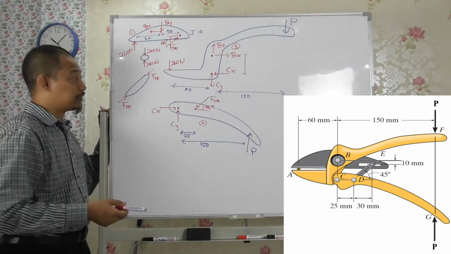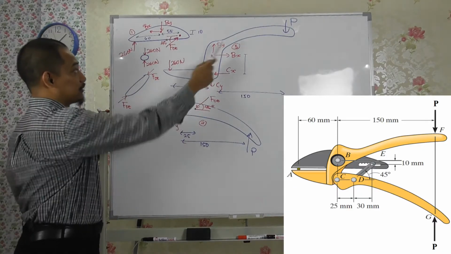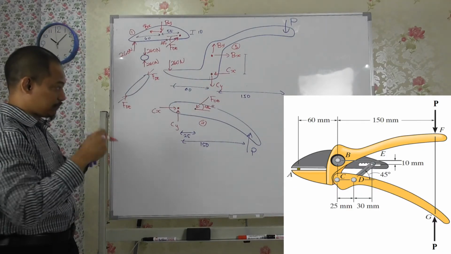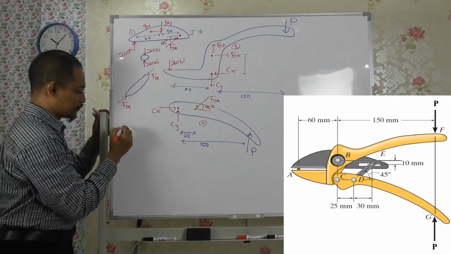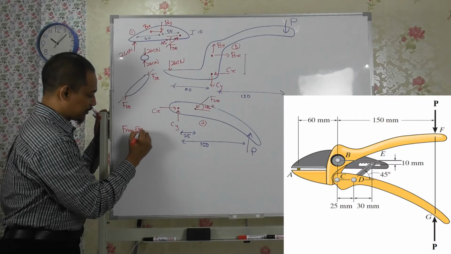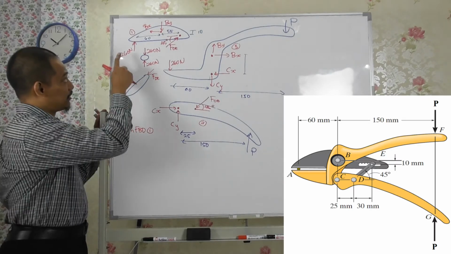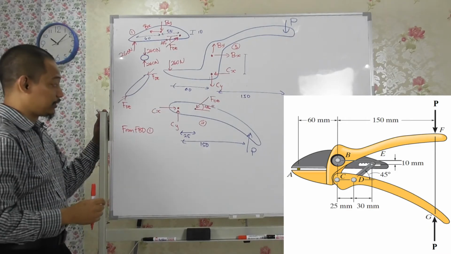Okay, so we have labeled the free body diagram. So this is 1, this is 2, this is 3. So I can start from free body diagram 1, right? So we have from free body diagram 1. Of course, I can make this statement after I have labeled the number of the free body diagram, right?